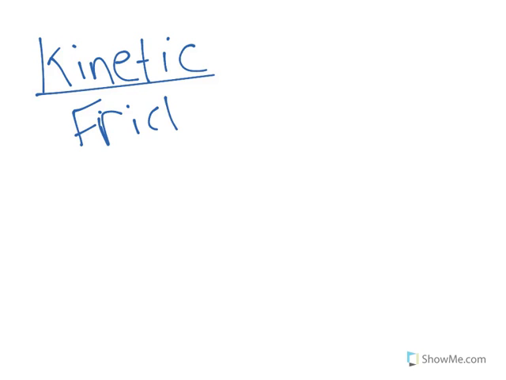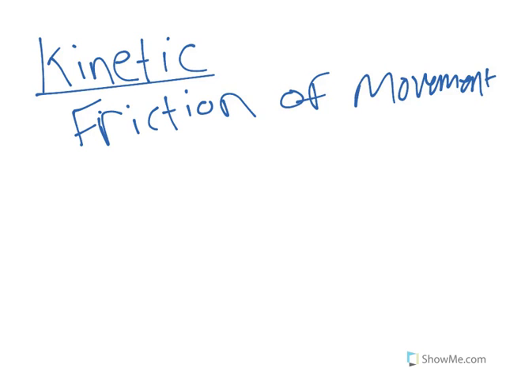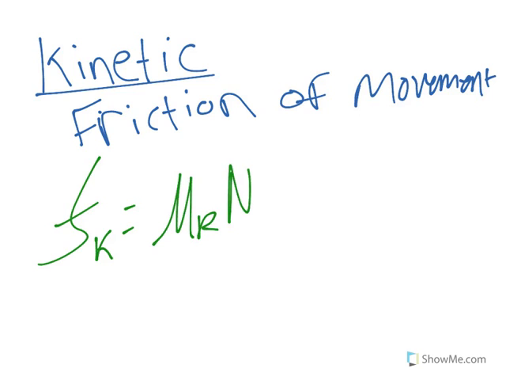And it's the same formula, we just put a subscript K. It looks like this: force of kinetic friction equals mu K times the normal force. Okay, so this is kinetic friction.